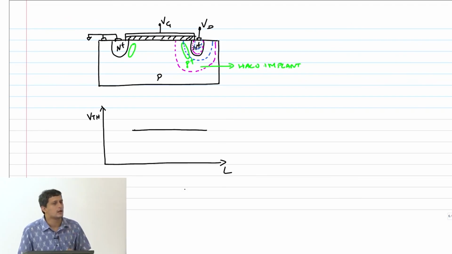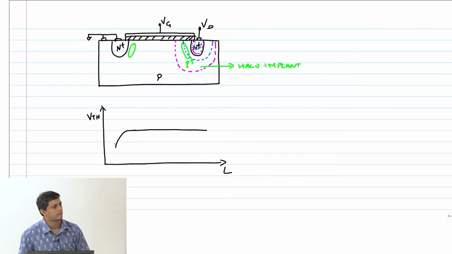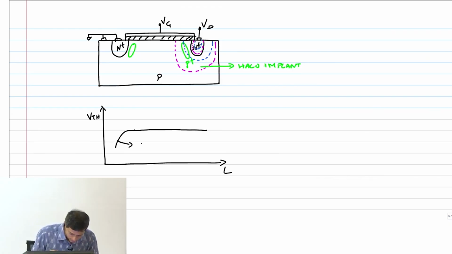Basically, which means that I am having this depletion region eating into the channel. Then what will happen to the threshold voltage as I reduce the channel length? It has to decrease. So this is what will happen. Of course, we have not captured this in our threshold voltage equation completely. Okay. So it's very complex, and that's why that model file that you saw yesterday had 54 parameters in them to capture all these effects somehow. Okay, so this is basically the short channel effect.